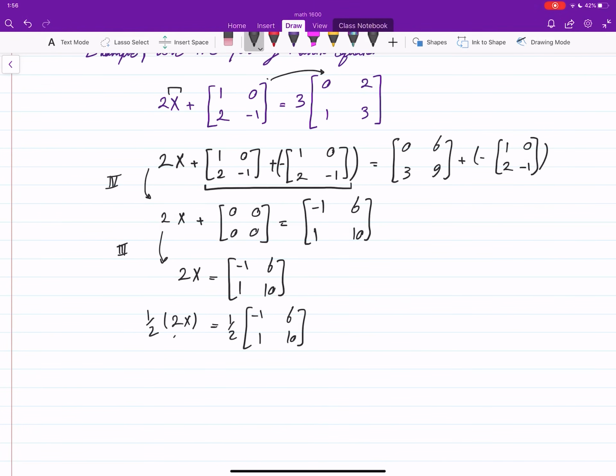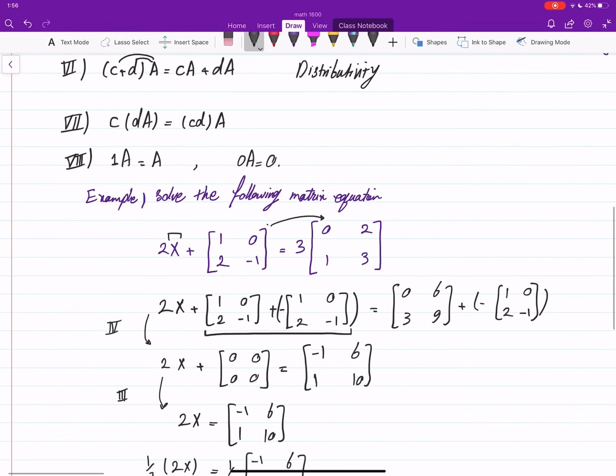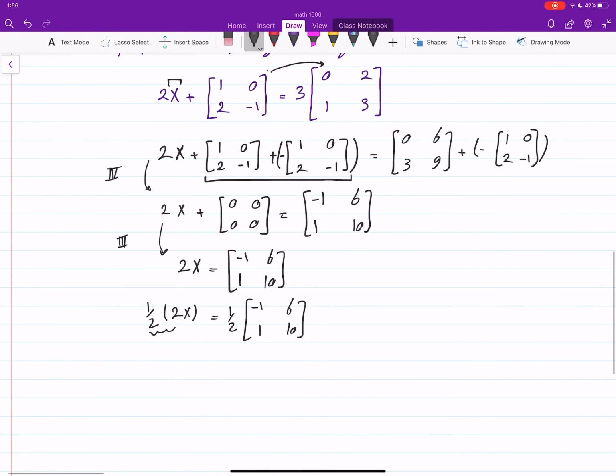And the property that we had, actually it's here, the seventh property, says that I can multiply these two first and then scalar multiply to x.